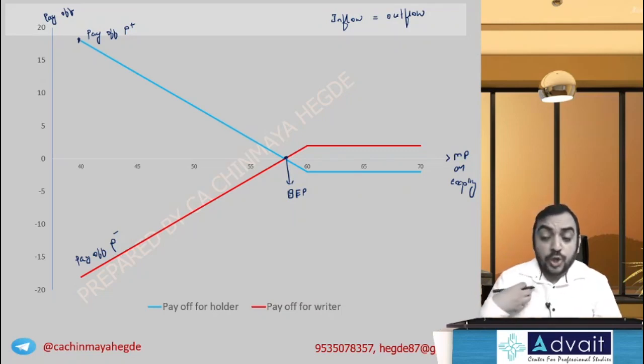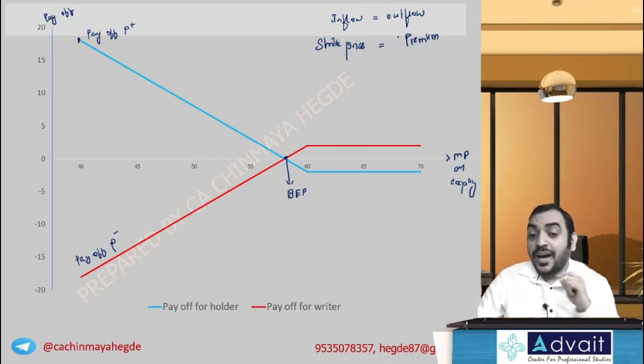I have an agreement to sell at a certain strike price on the expiry date. So strike price will be inflow, because that's my selling price. What about the premium? For a holder, he always has to pay for the right. So premium will be outflow.